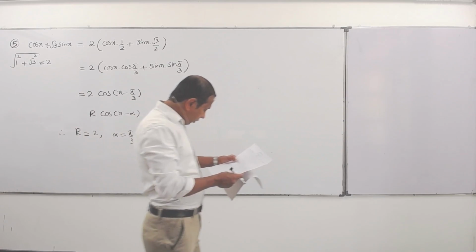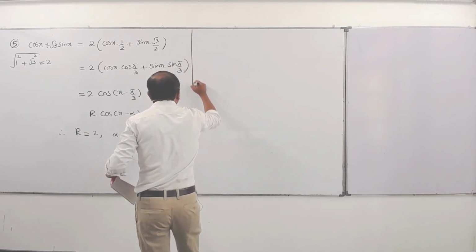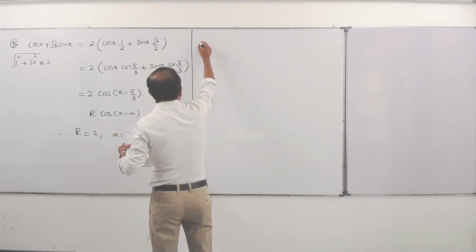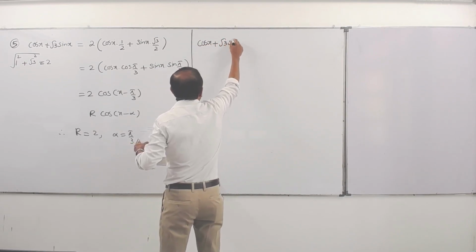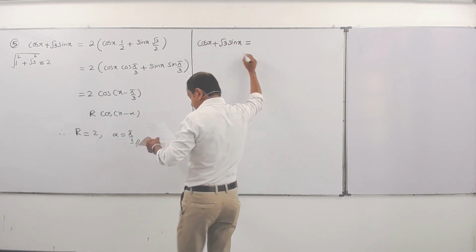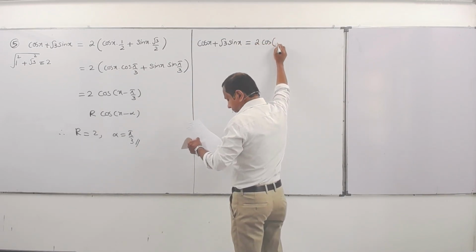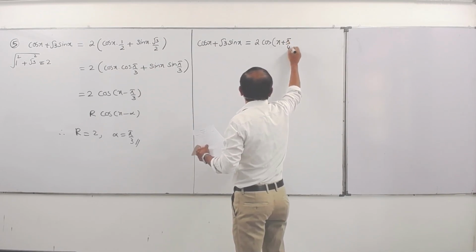Hence solve the equation cos x plus root 3 sin x is equal to 2 cos(x plus pi by 4).